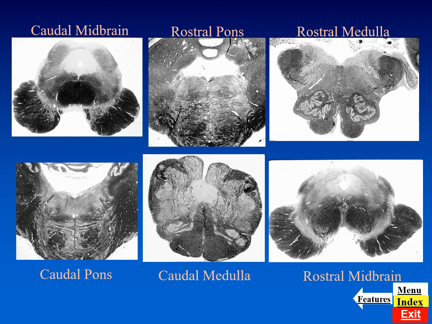To distinguish the two, a feature that makes the caudal one different from the rostral one is that you have an inferior colliculus nucleus that is embraced by a lateral lemniscus, and then you have a central core of white matter, which is the decussation of the superior cerebellar peduncle, that makes it distinctive from that at rostral levels. At rostral levels, you do have a red nucleus. It's not as distinct on this particular section as you may see it in some other specimens, but that's a distinctive feature of the rostral level.